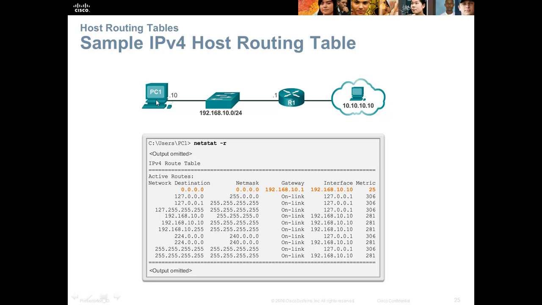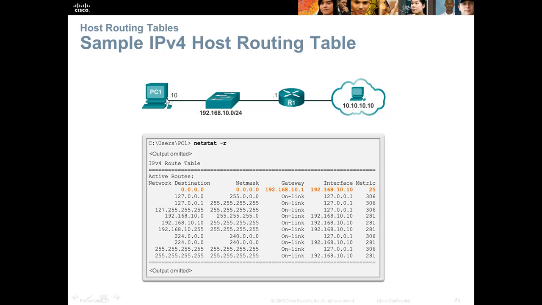So if this PC were to get a packet destined for the 192.168.10.5 address, it would meet or reach the 10 network in here. I said 10.5, so it's on the 10.0 network. The gateway is on the link, meaning it's a local area network PC. And we would use our local interface to go ahead and send it to that address.